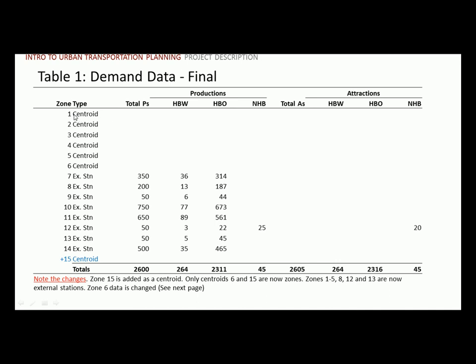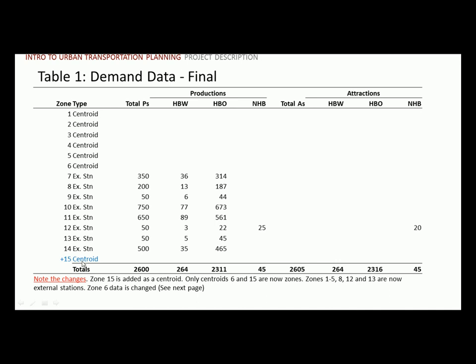Centroids 1 through 5 are back as centroids. If you put zone 15 already, keep it there. But I removed the productions and attractions data for centroids, because for centroids you cannot put productions and attractions data. How are we going to provide the data for centroids? So we have 1 through 6 as centroids and 15 as a centroid.